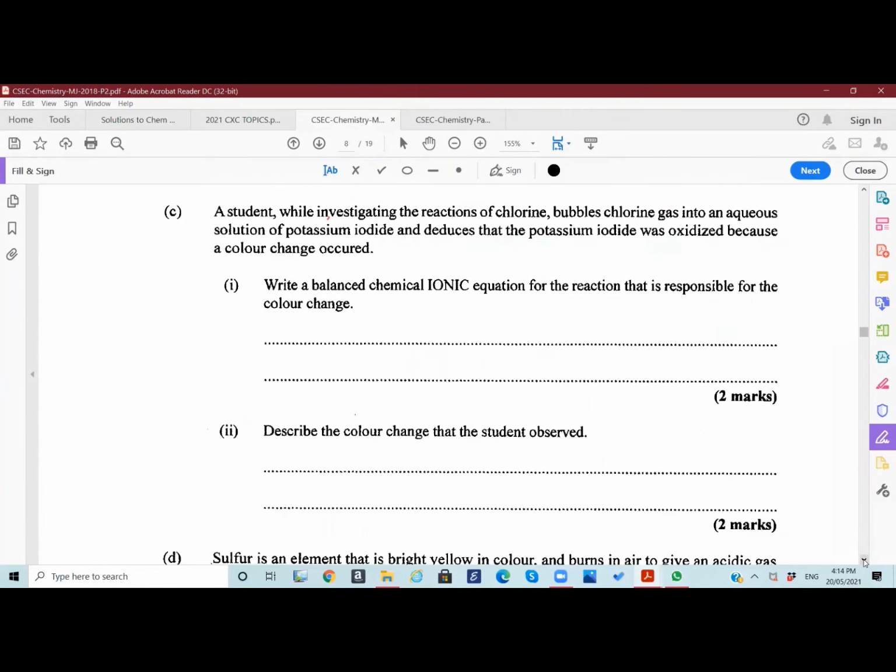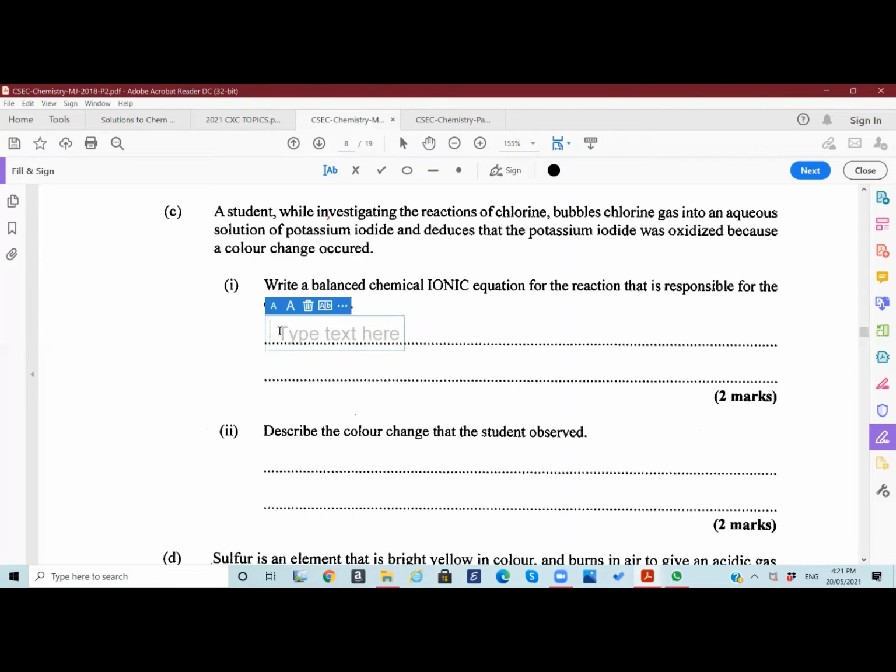Part C. A student, while investigating the reactions of chlorine, bubbles chlorine gas into an aqueous solution of potassium iodide and deduces that the potassium iodide was oxidized because a change in color occurred. Part 1. Write a balanced chemical ionic equation for the reaction that is responsible for the color change.